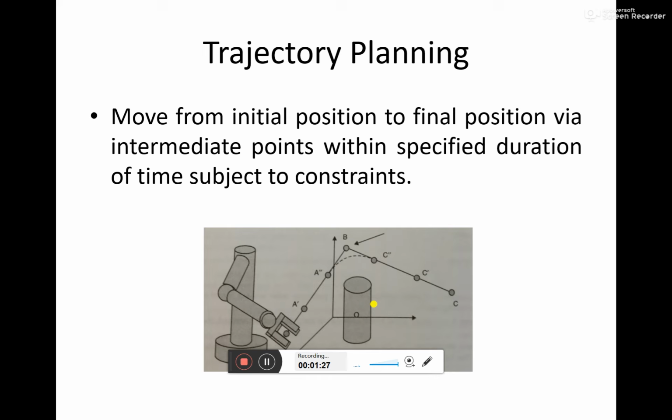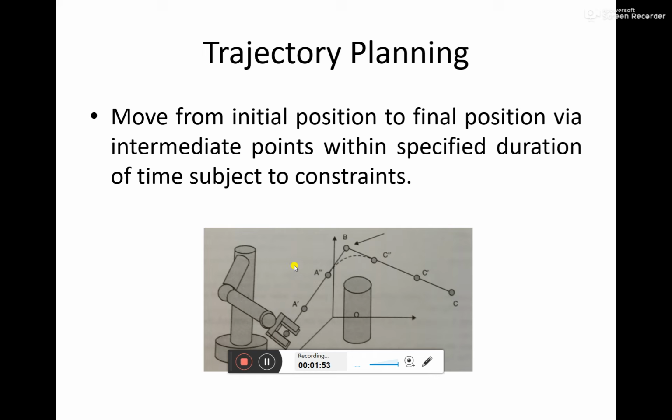For that, we have to plan the trajectory. The arm has to move in a particular direction to perform the joint. Maybe that welding joint is a lap joint or a butt joint, whatever the joint.